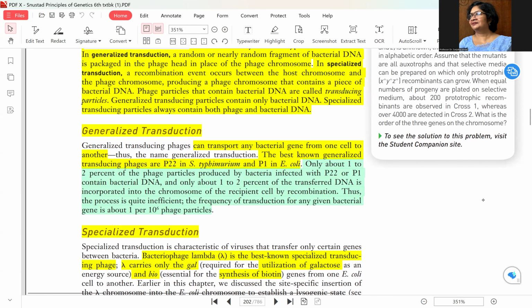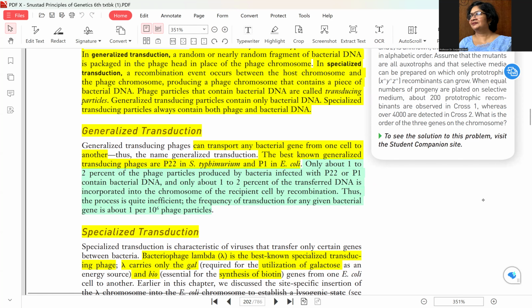So in a normal viral infection of a bacterial cell, two processes can occur. One is where the viral DNA enters the bacterial cell. The viral DNA takes control of the bacterial cell.